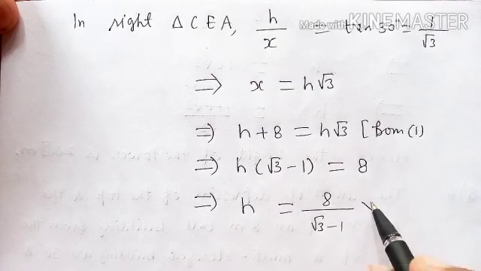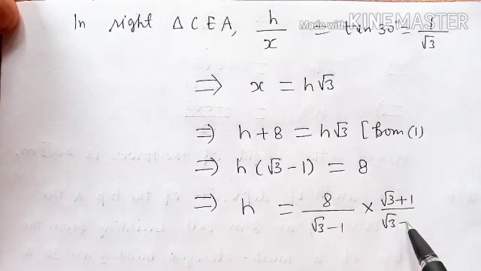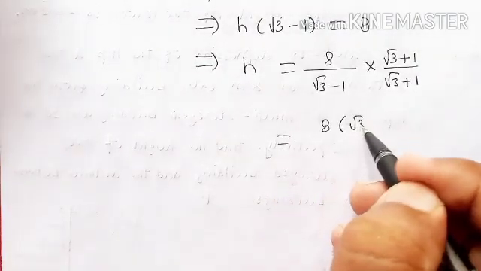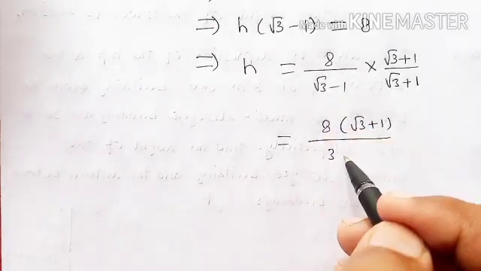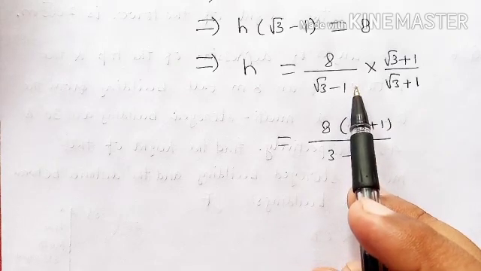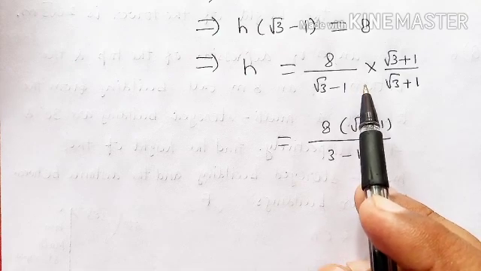Now we rationalize. So we have 8 into root 3 plus 1 by root 3 square is 3 minus 1 square is 1. See student, we must bring the denominator rational and positive.